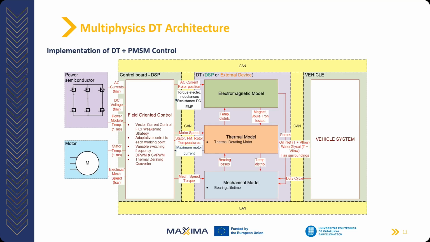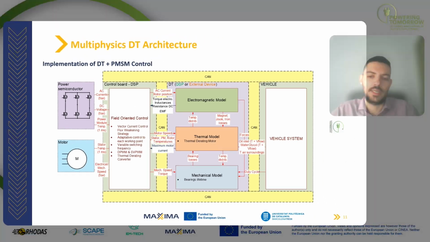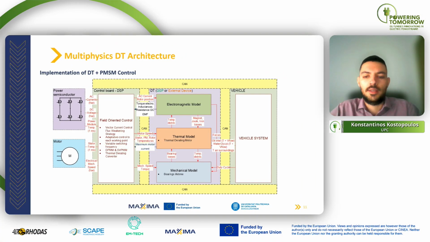the three models: the electromagnetic model, which calculates the torque generation, the back EMF, and the loss mechanism. And then we have the thermal model. In the thermal model, we have calculations for the temperature distribution in the stator, in the rotor, and the magnets, and also we have the thermal image.